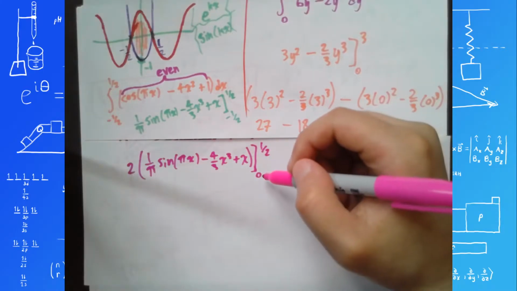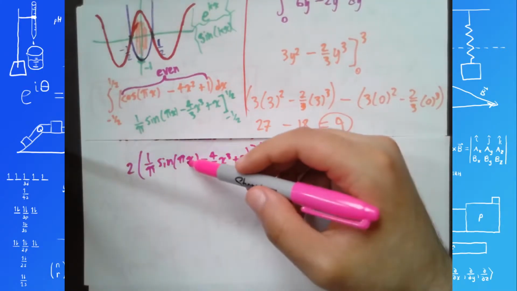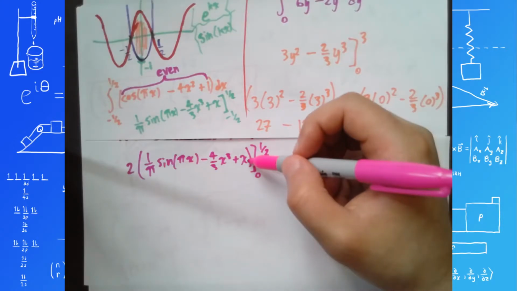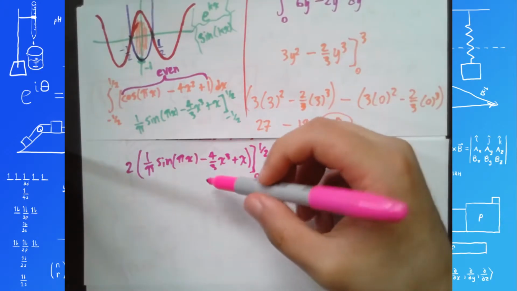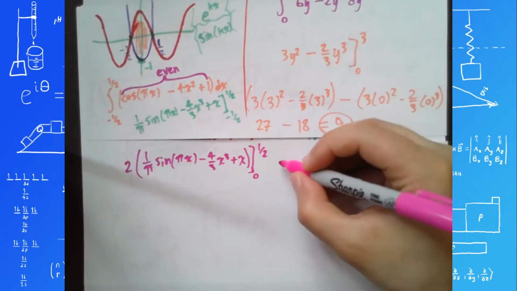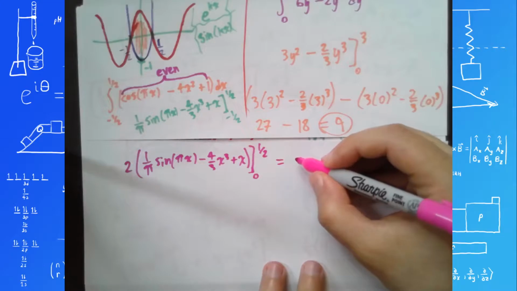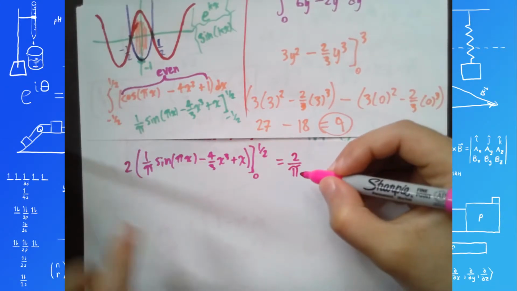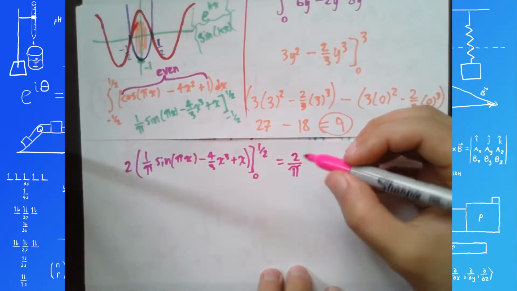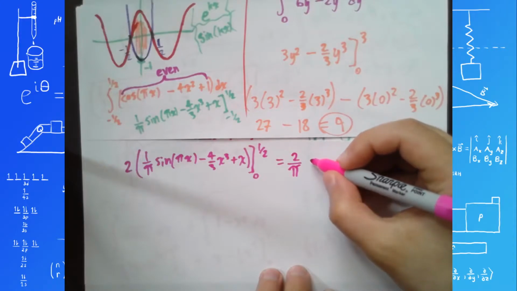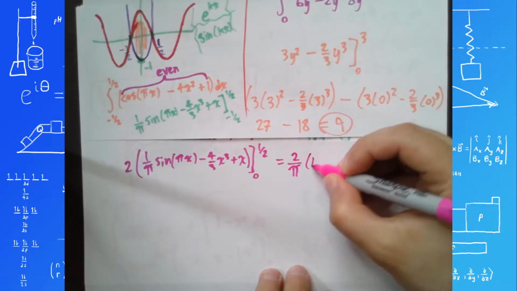And if I do that, then there's nothing to subtract because sine of pi times 0 is 0, and plugging 0 into a polynomial is going to be 0. So nothing to subtract. All we have to do is plug in 1/2. So it's going to be 2 over pi, multiplying the 2 and the 1 over pi there, sine of pi times 1/2. So that's sine of pi over 2, which is 1.